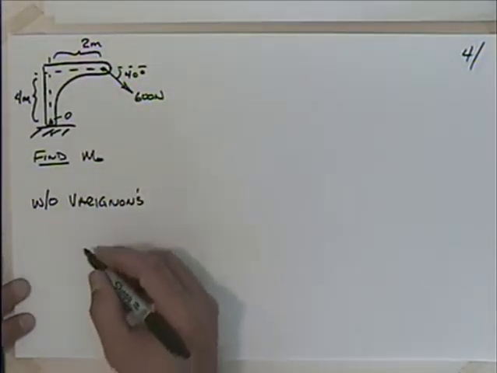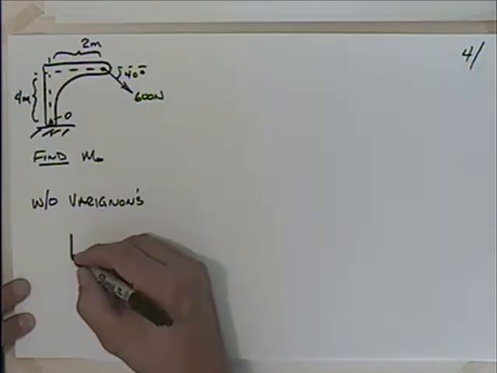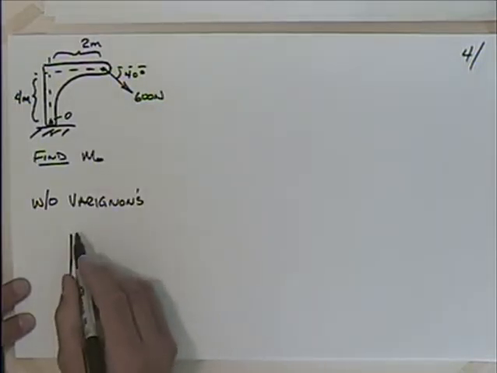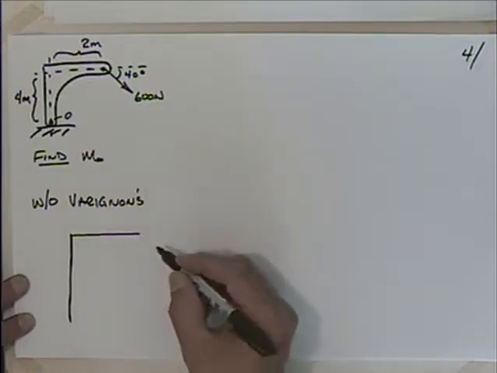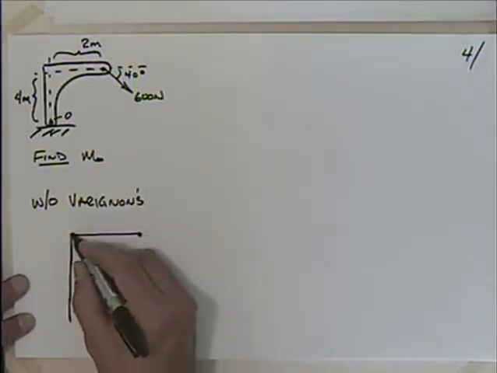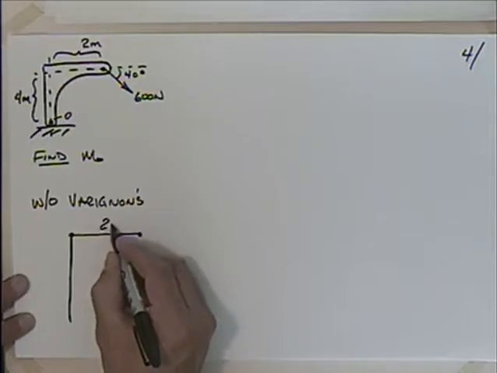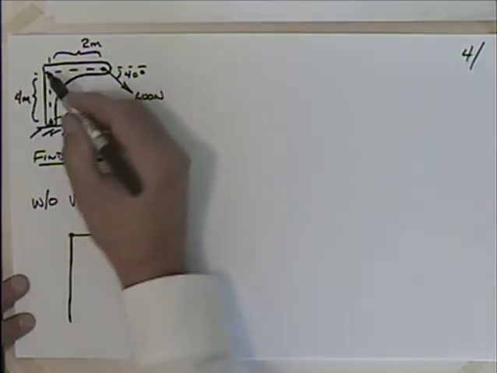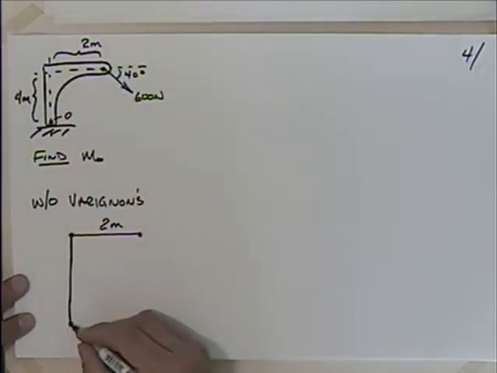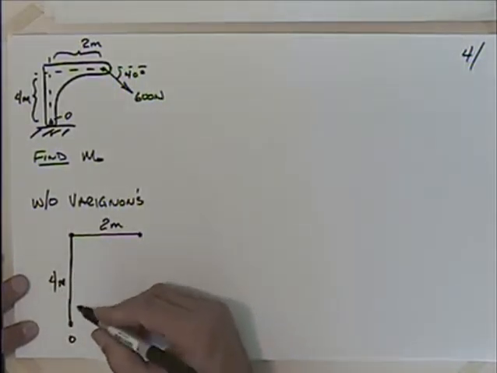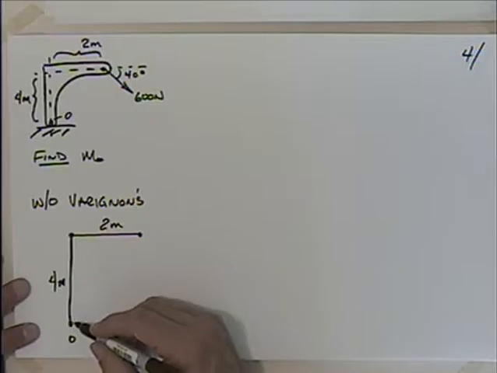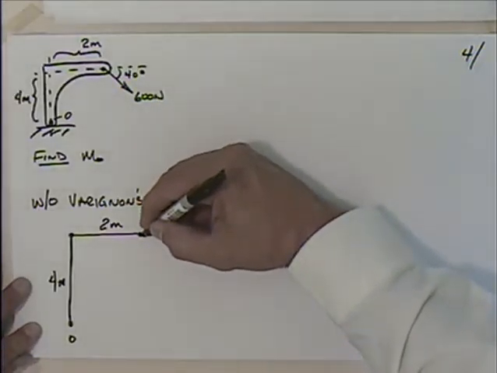But if I were to draw this a little bit more schematically, get something that looks like this. So I could say that this is 2 meters here. I'm just drawing basically the outline there. This is my point O. There's 4 meters.